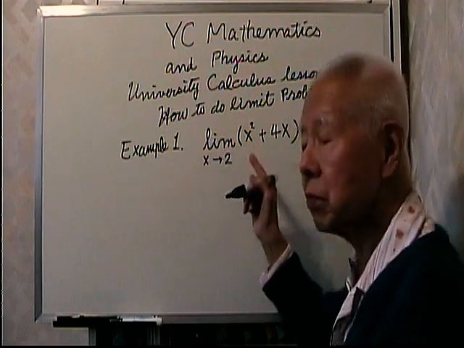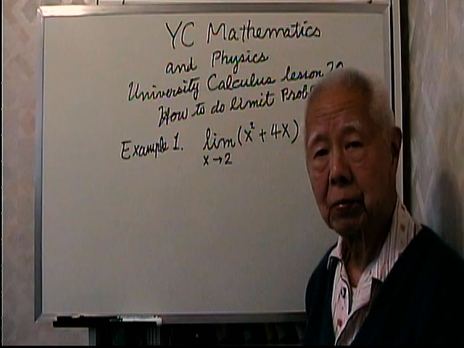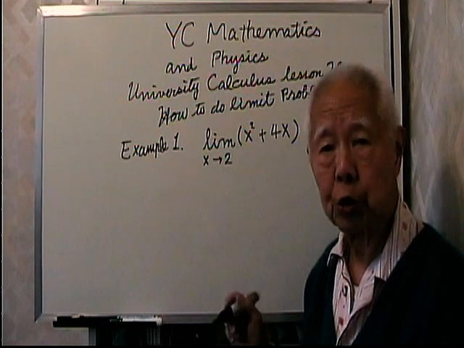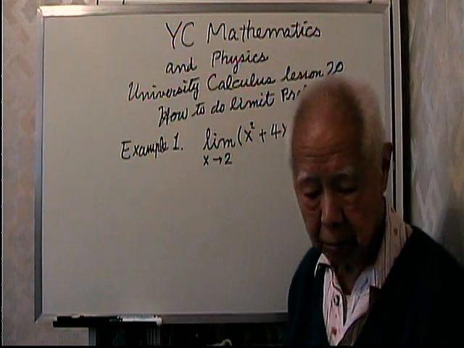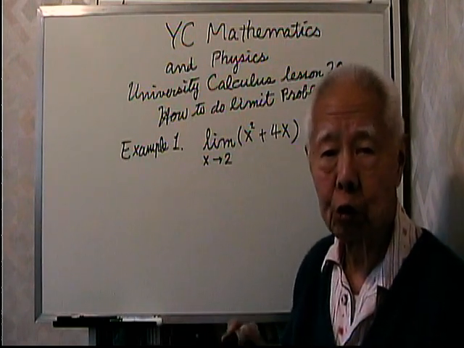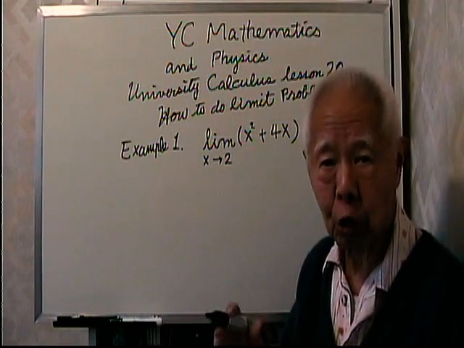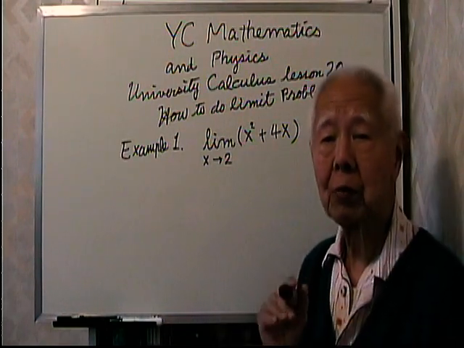Limit of x squared plus 4x. What is this equal to when x goes to 2? Goes to 2 means when x approaches 2, very close to the value 2.